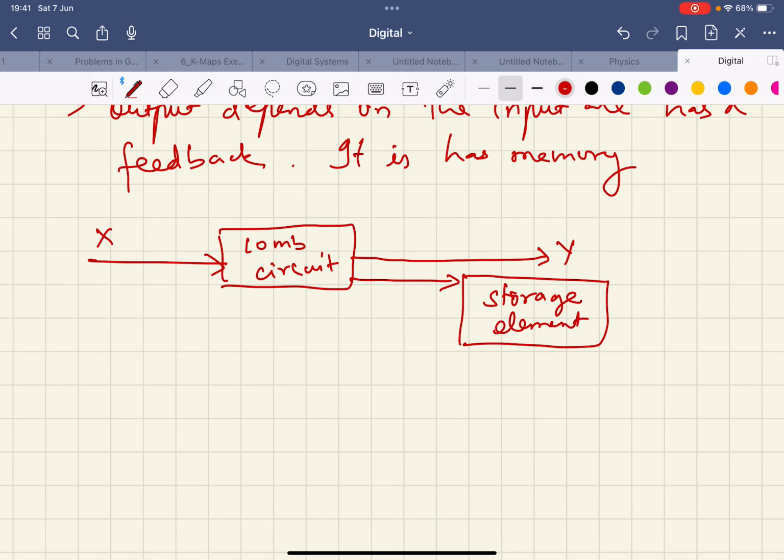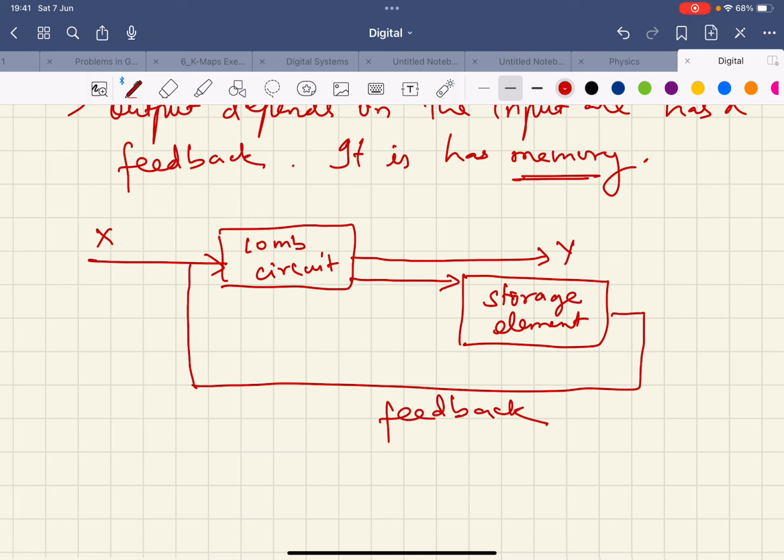What is a storage element? It stores the memory. Whatever the output of the state, it stores and then gives the memory to the next state. Then it comes back. This is the feedback path. This is called feedback.